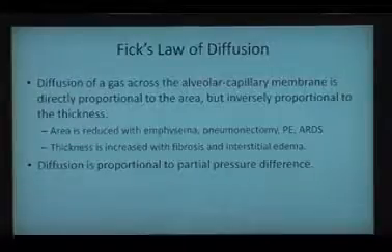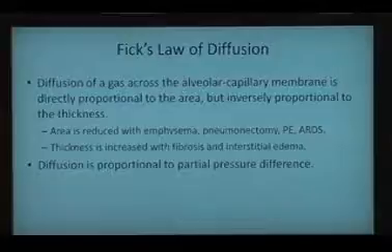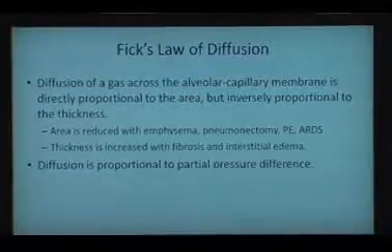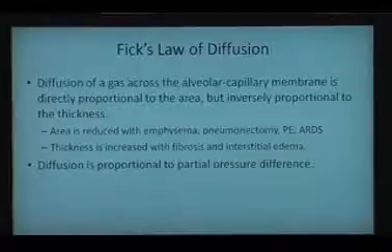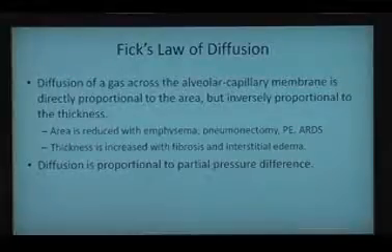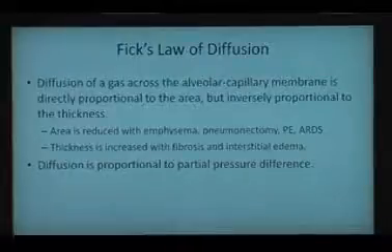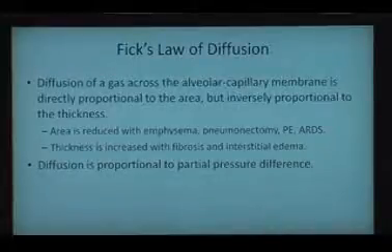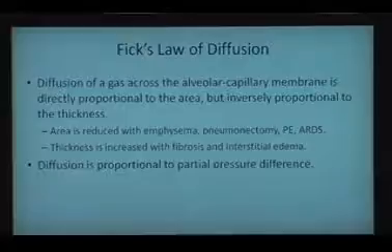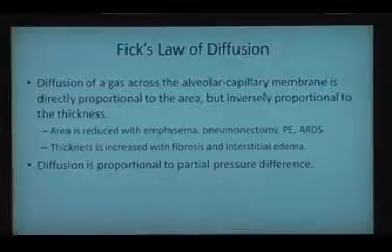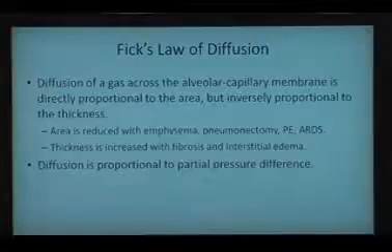The area is reduced with things like emphysema, pneumonectomy, pulmonary embolism, ARDS, and the thickness is increased by things such as interstitial lung disease, pulmonary fibrosis, and interstitial edema. And diffusion is proportional to the partial pressure difference, but as I pointed out, even though the diffusibility of CO2 is much higher, clinically that often isn't very important.